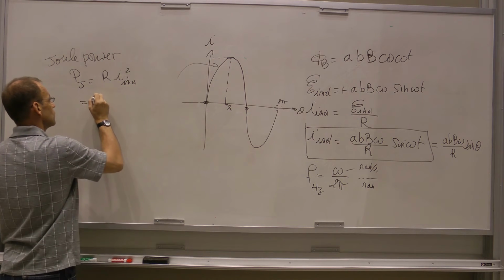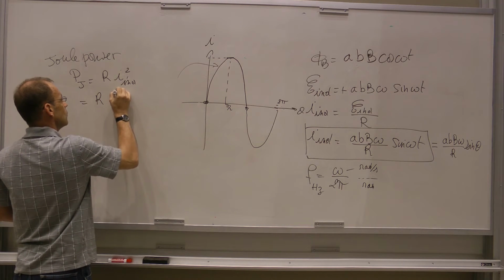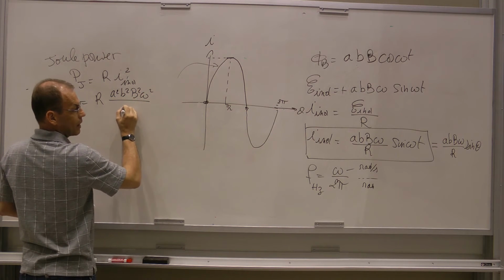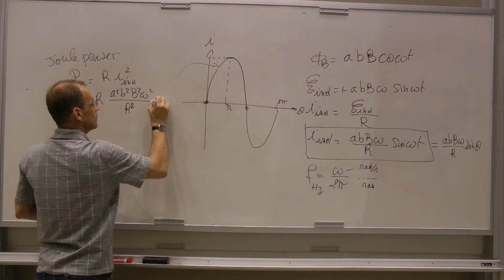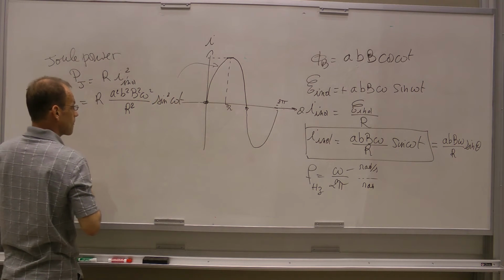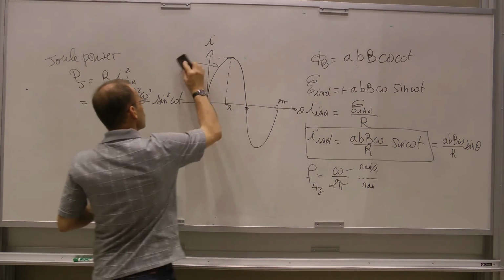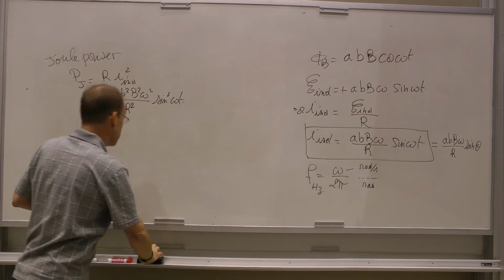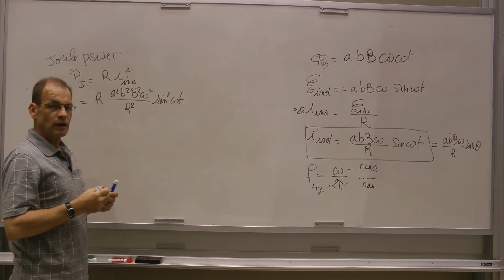This is going to be equal to R A squared, B squared, omega squared divided by R squared, and then sine squared of omega t. So the power will also fluctuate periodically based on the orientation of the loop.